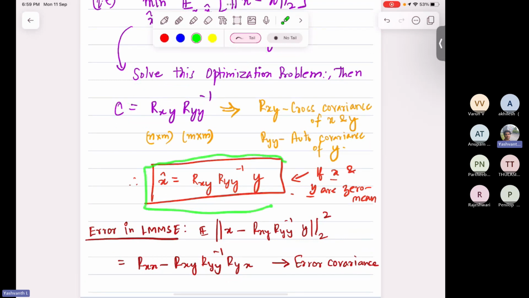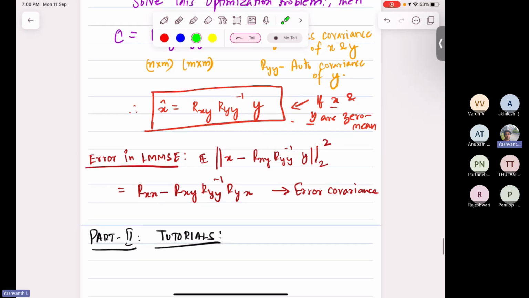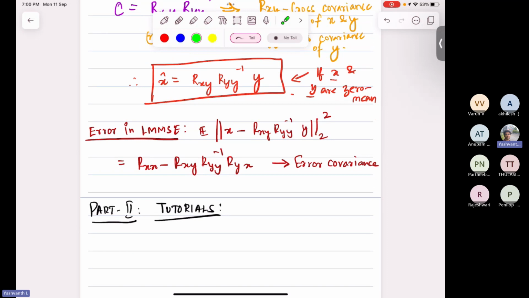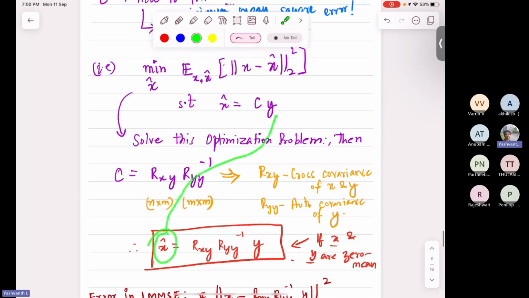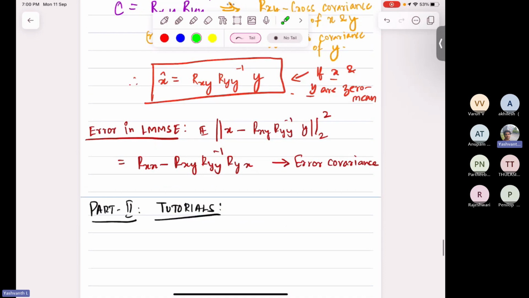This is the LMMSE estimator of the vector x given observation y, if x and y are zero mean. I think in class the professor also mentioned that if it's non-zero mean, you need to tweak it: make it y minus mu y and add mu x. Then the error in LMMSE is given by substituting this x hat in the objective function. If you expand it out, you get this particular error covariance. This is called the error covariance matrix.